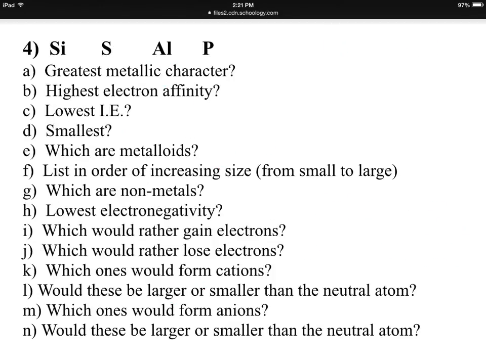And here's another problem. Here you've got 4 elements: silicon, sulfur, aluminum, and phosphorus. And these are all in the 3rd row. Okay, so now we're talking about a row. Which one would be the greatest metallic character? Of all those, I would say probably aluminum.